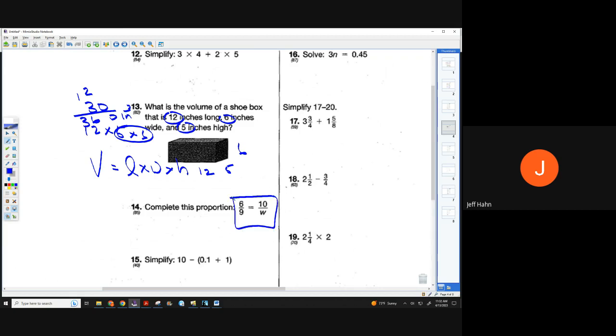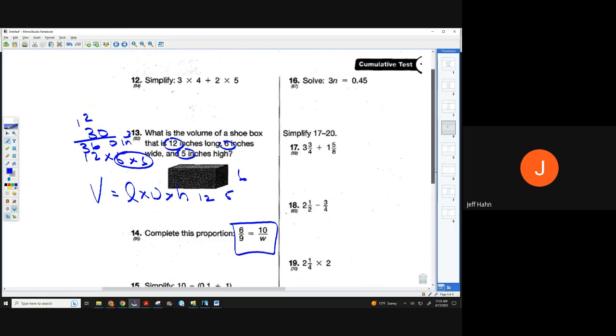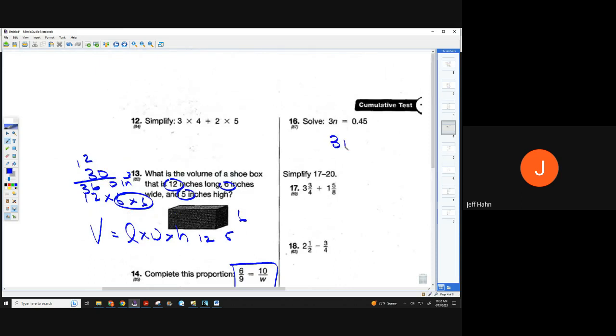I'd love to do 16. If you remember, we talked about this. Because this is your first step to get into kind of algebra-ish problems. What do I do with this 3? Remember we said you're going to divide by 3, so I need to see you put a line here.